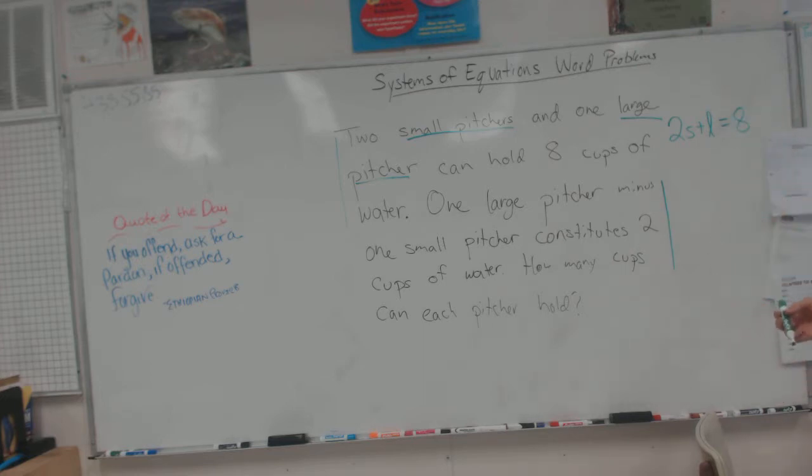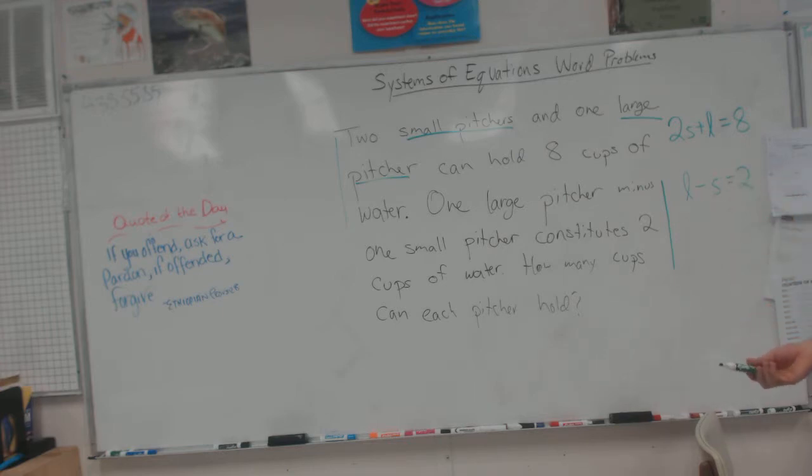Nice. Okay, second sentence. How would we write 1 large pitcher minus 1 small pitcher constitutes 2 cups of water? How could you write that as a mathematical equation? L minus S equals 2.